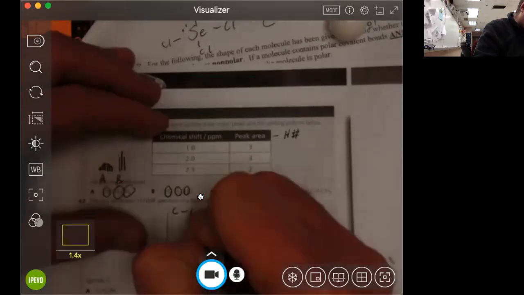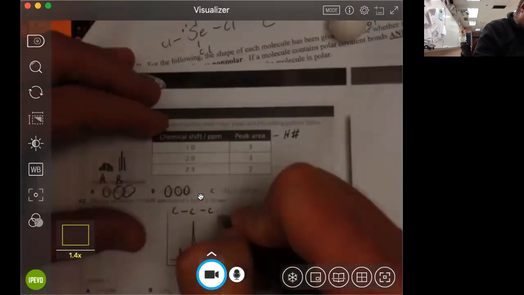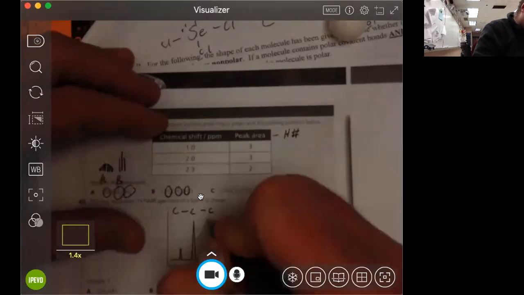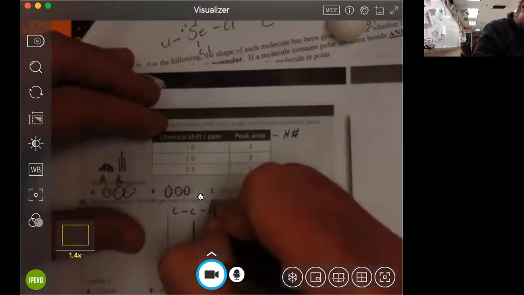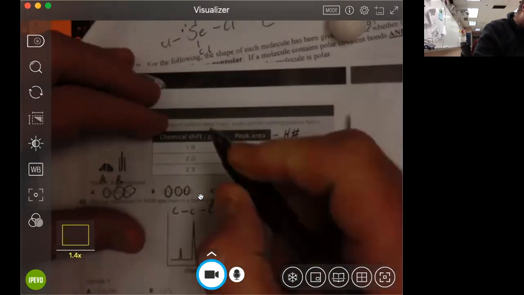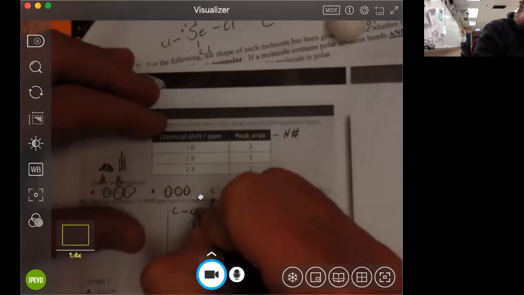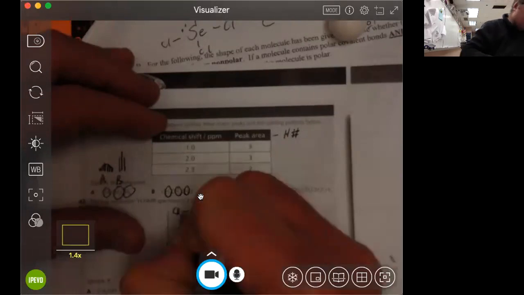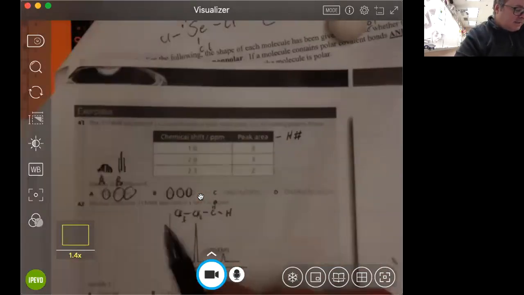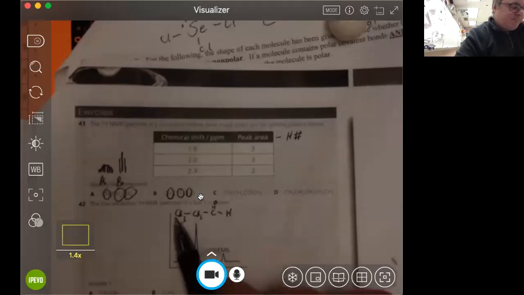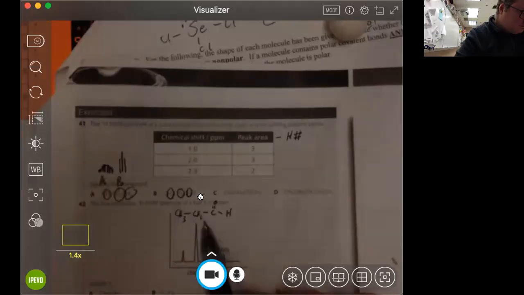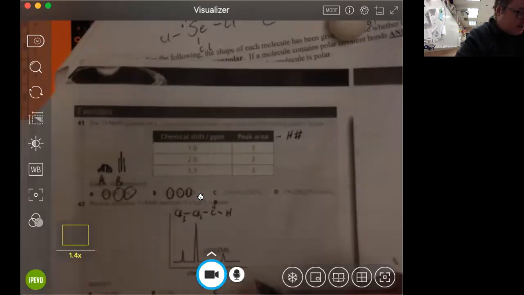We have C, C, C, I think this is double bonded O and then H. All right, so this one right here, we would see 1 to 2 to 3 for the height or the integration.